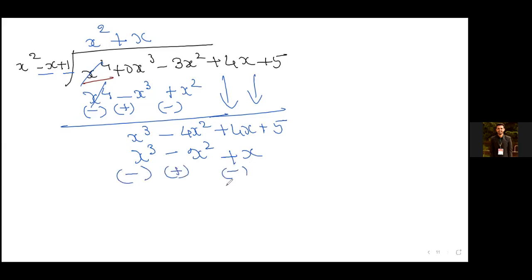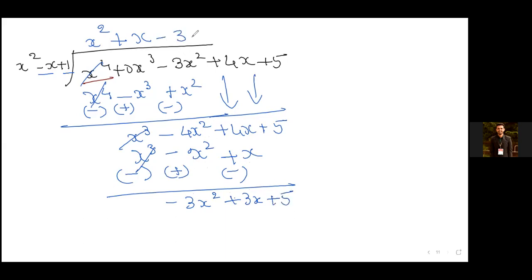Reversing the signs, this gets cancelled. This is minus 3x square plus 3x plus 5.